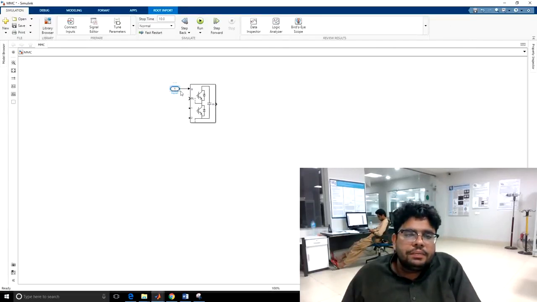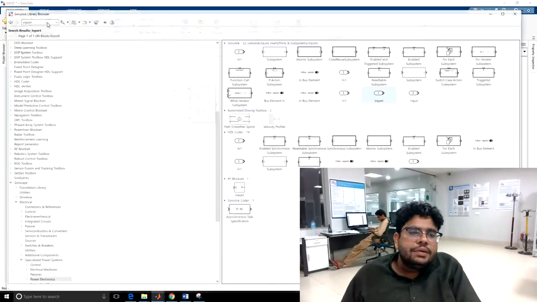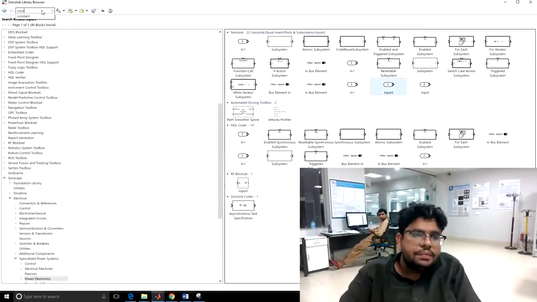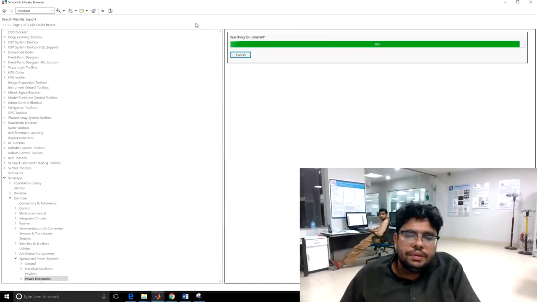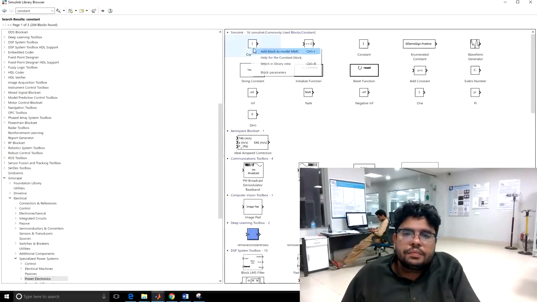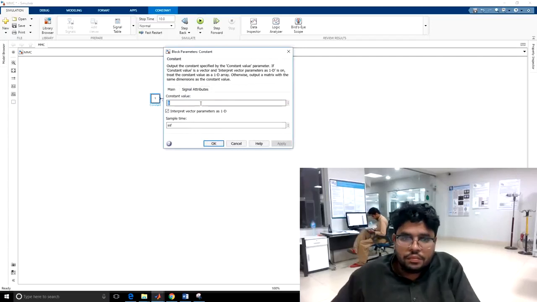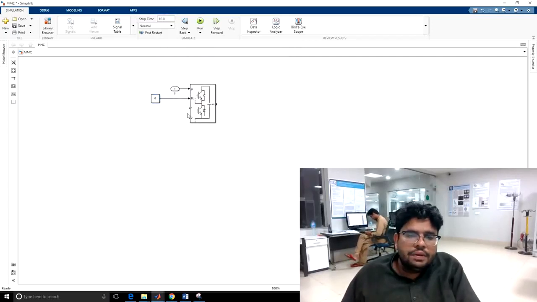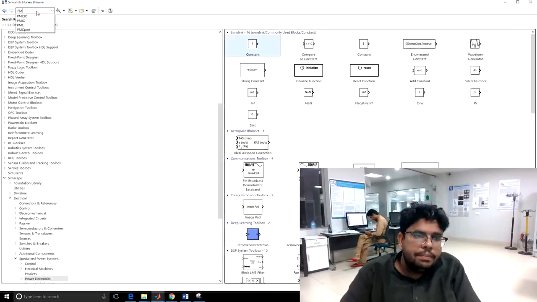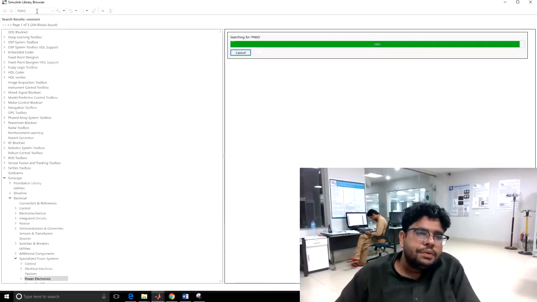Let's name it G. I need a constant to give it to block state and it should be 0. And I will give this 1 and 2, these output ports, PMIO ports.